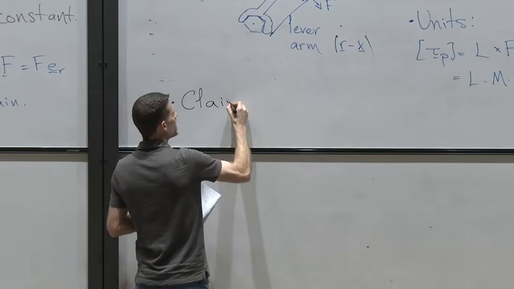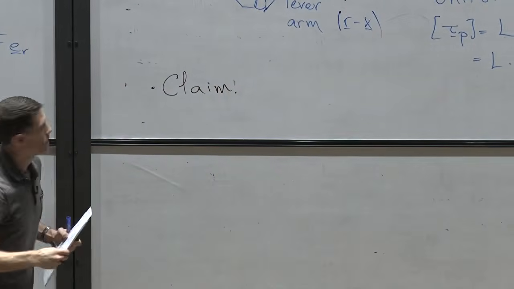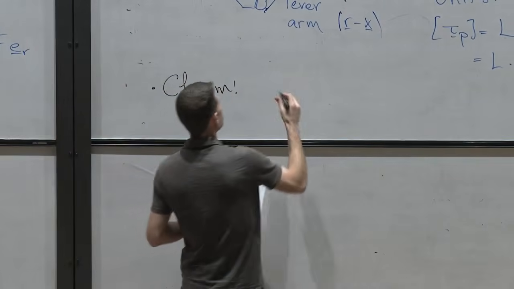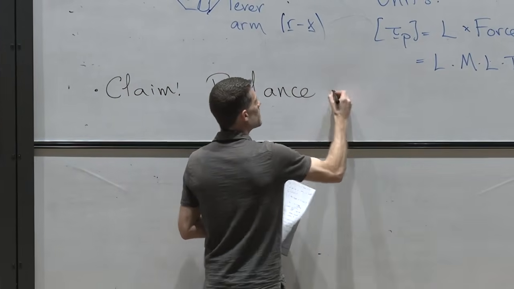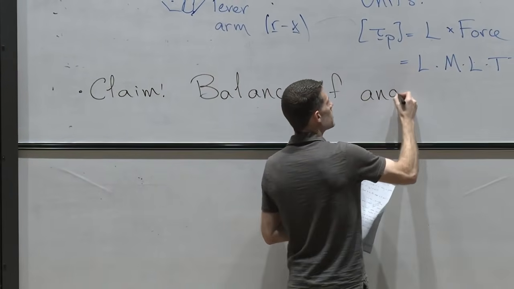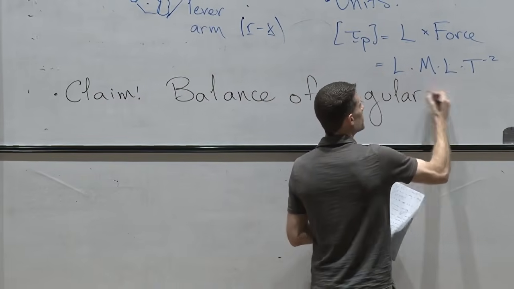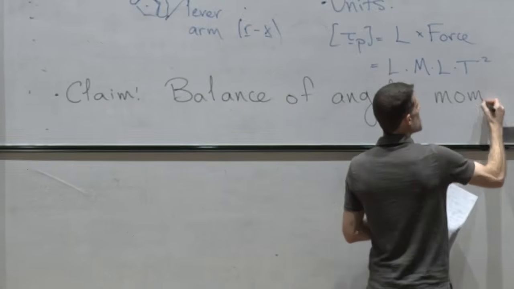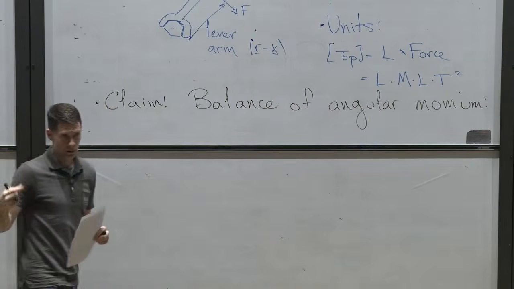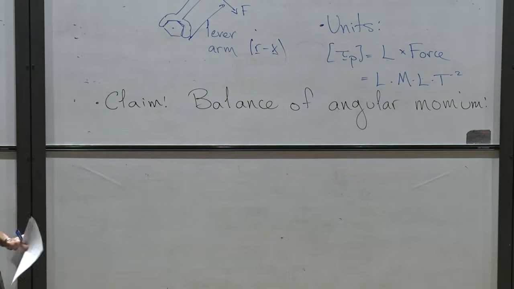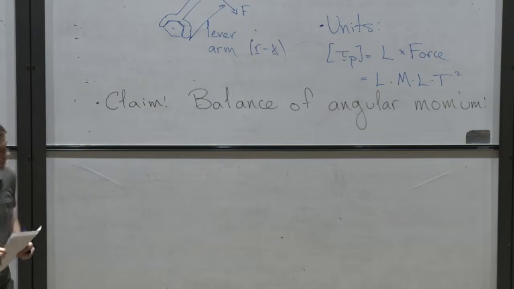Let's write this as a claim, is that a balance... we need to do is extend Newton's second law, which was a balance of linear momentum, to include a balance of angular momentum.